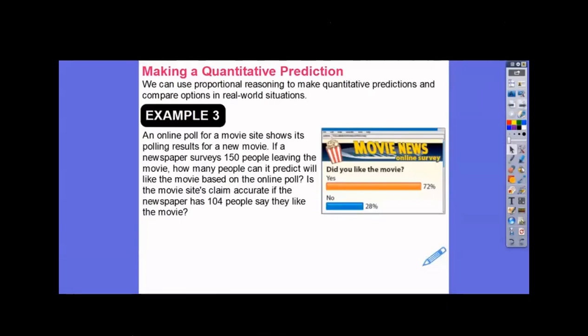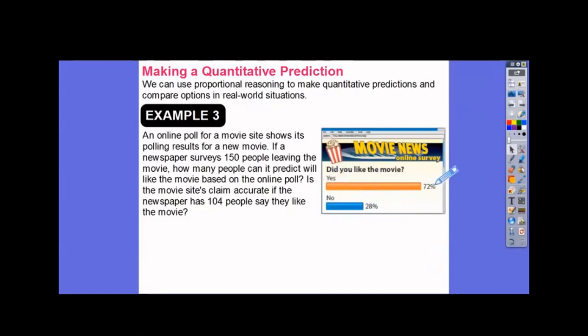An online poll for a movie site shows its polling results for a new movie. A newspaper surveys 150 people leaving the movie. How many people can it predict will like the movie based on the online poll? Is the movie site's claim accurate?